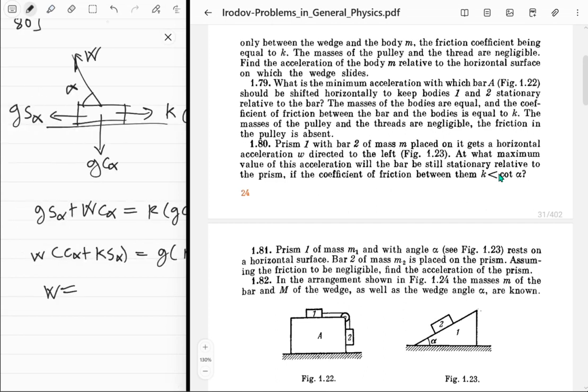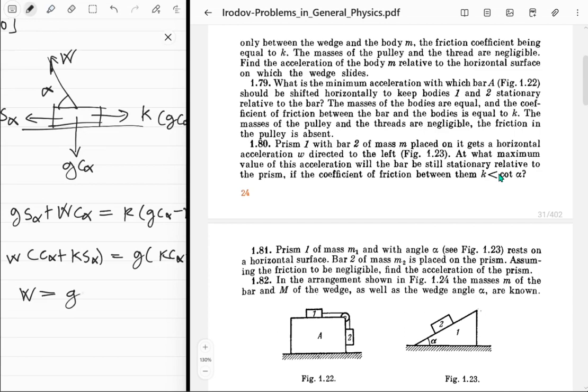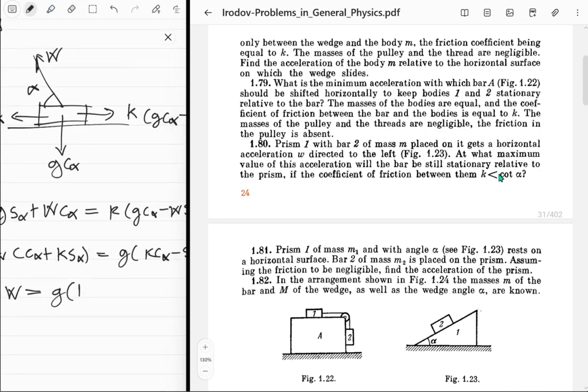This is the maximum w. So for the critical value, this should be the thing. Just divide by cosine alpha, so it's k minus tan alpha over 1 plus k tan alpha.